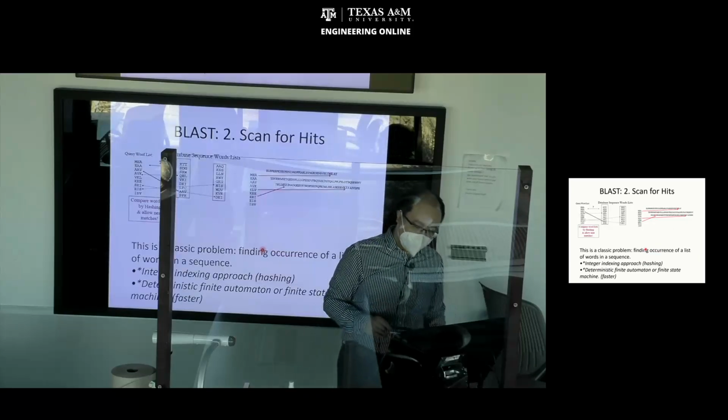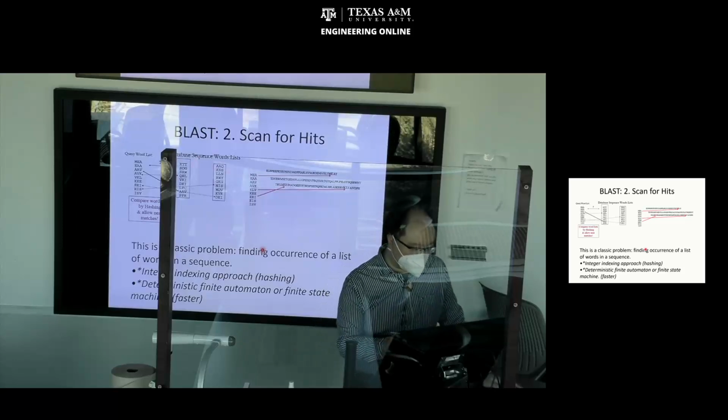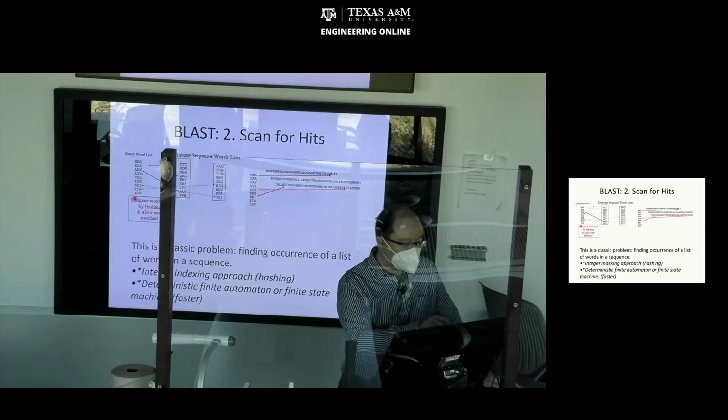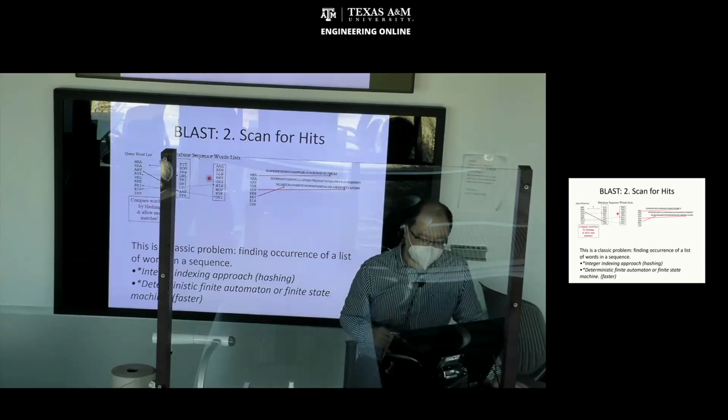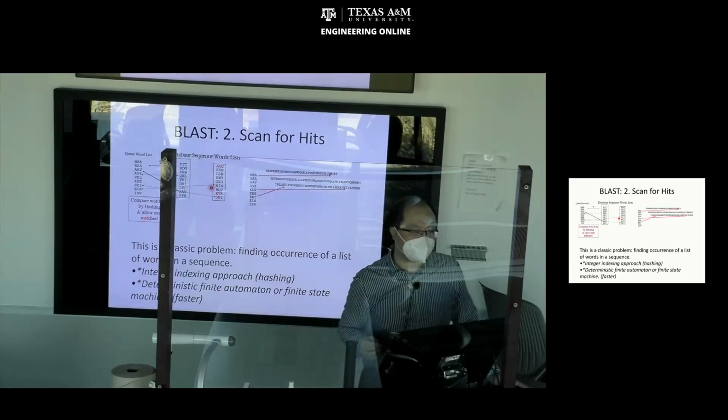So scanning for hits is a relatively classical problem. What they are trying to do is basically compare two word lists. One is a query word list and one is a database sequence word list, right? And you try to find the occurrence of a list of words in a sequence, right? This is a classical problem, right?